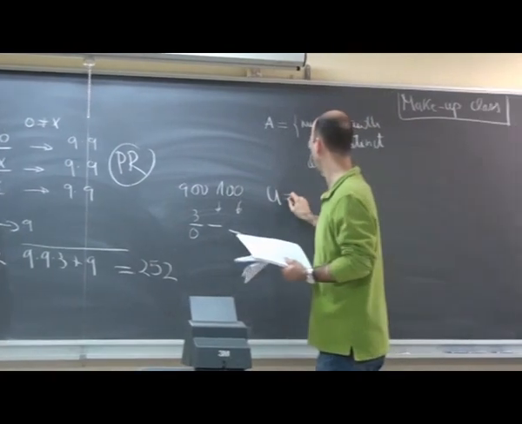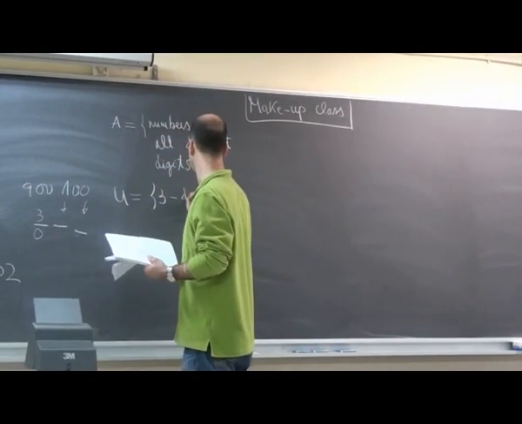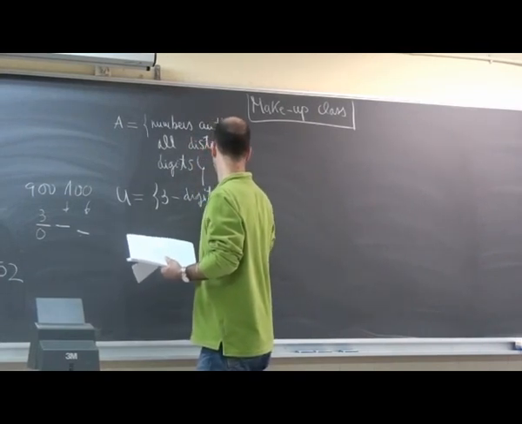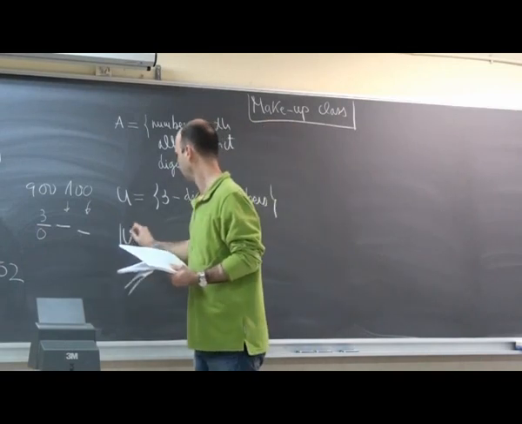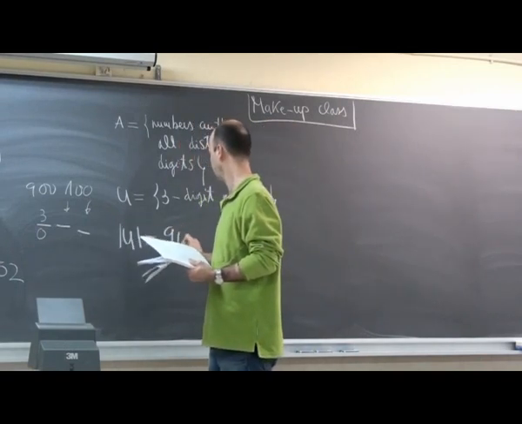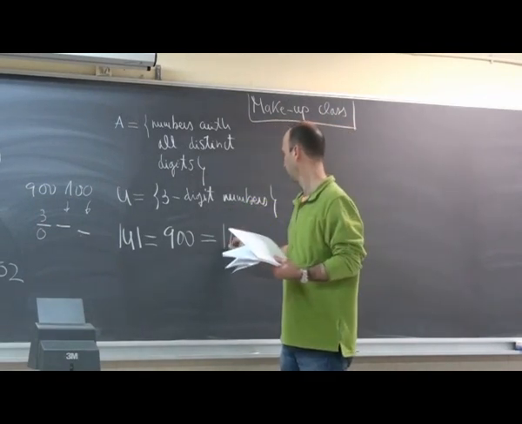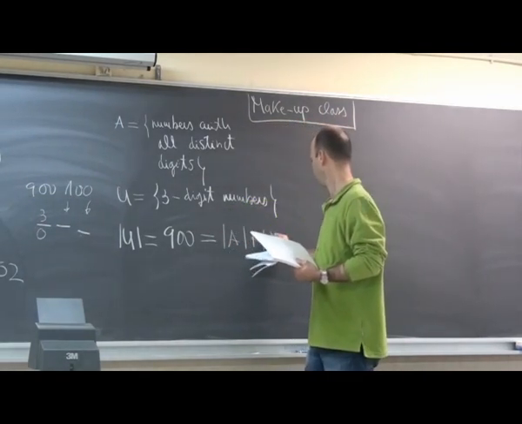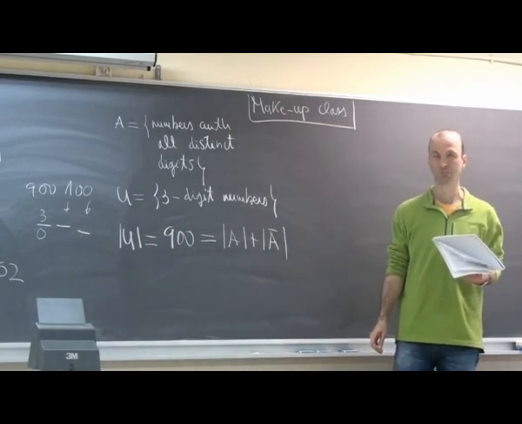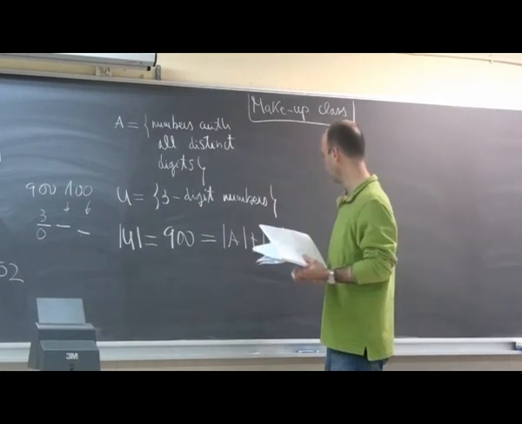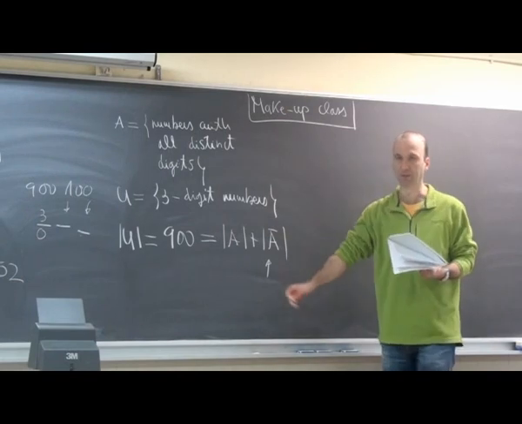I'm going to call U, universal set, the set of 3 digit numbers. So U, which is 900, so in this case, I computed this guy just directly.